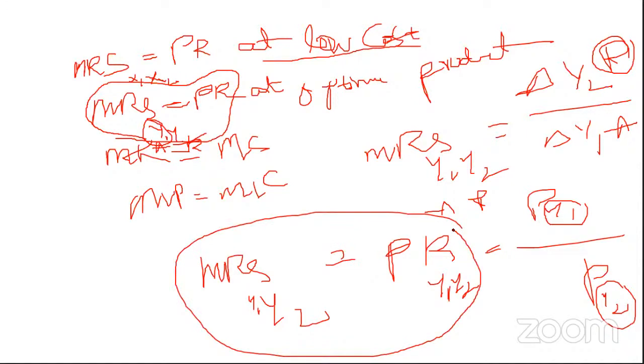If any deviation takes place, what can we do? For example, at the optimum point the marginal rate of substitution is equal to the price ratio; this is our actual point. When a deviation takes place and the marginal rate of substitution is more than the price ratio, what can we do for the output?